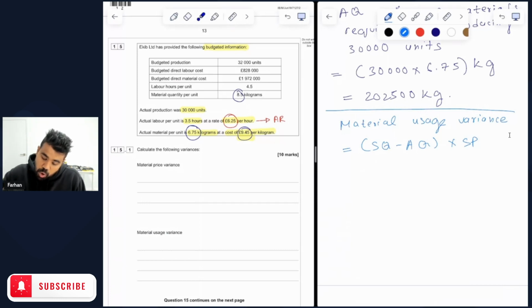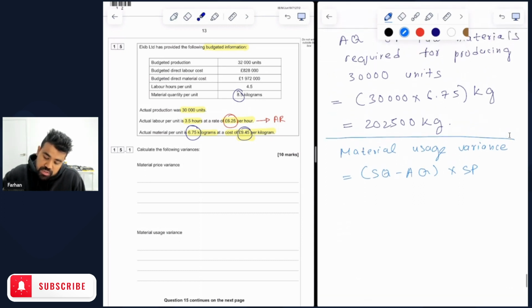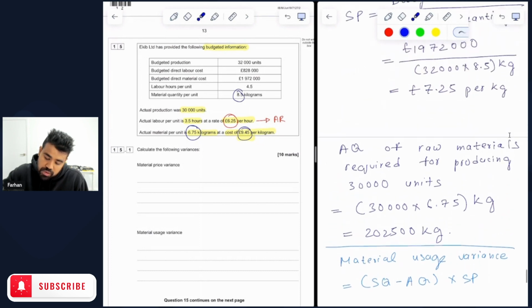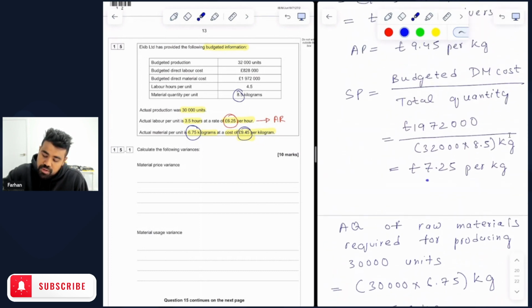Now, we already know the actual quantity of raw materials based on our calculations for the previous variance. We know the actual quantity of raw materials for 30,000 units would be 202,500 kilograms. And we also know the standard price, which is £7 and 25 pence per kilogram.